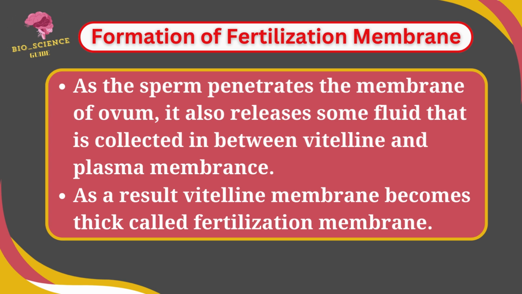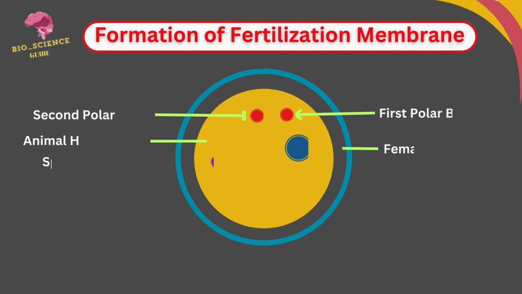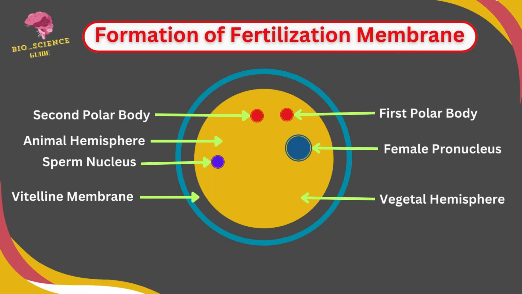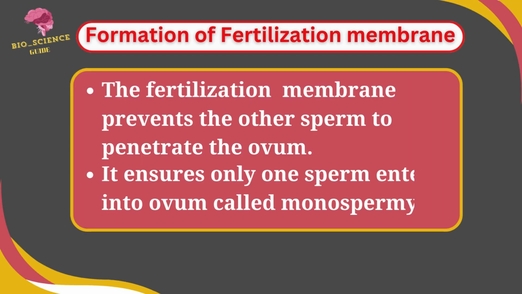As the sperm penetrates the membrane of the ovum, it releases some fluid which is deposited in between the vitelline and plasma membrane. It causes the vitelline membrane to become thick, called fertilization membrane. The fertilization membrane prevents other sperm from penetrating the ovum. It ensures only one sperm enters the ovum, called monospermy.